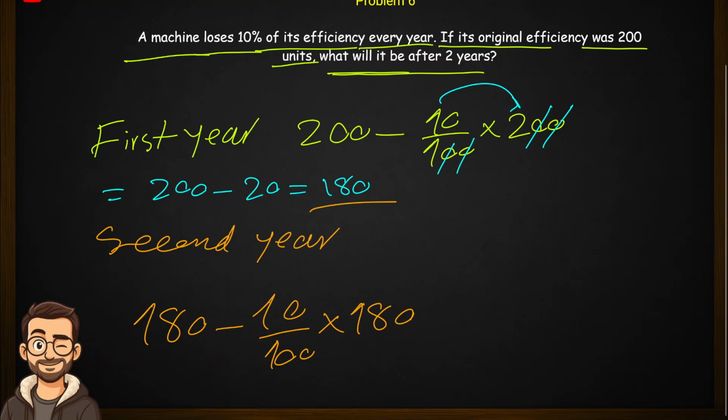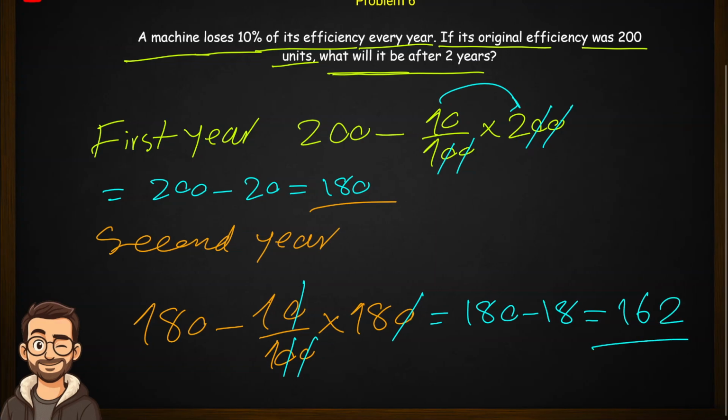Okay, and let's simplify. These two go away, these two go away, and we end up with 180 minus 18. And you can do this simple calculation to end up with 162. So this is the efficiency of the machine after 2 years.